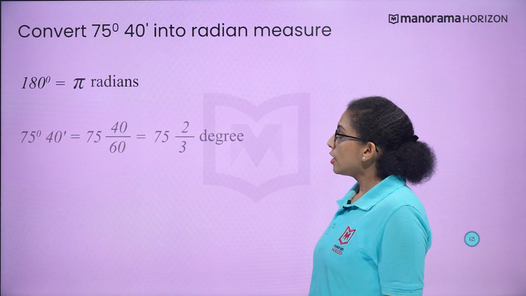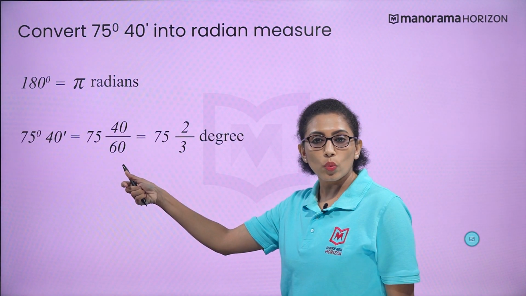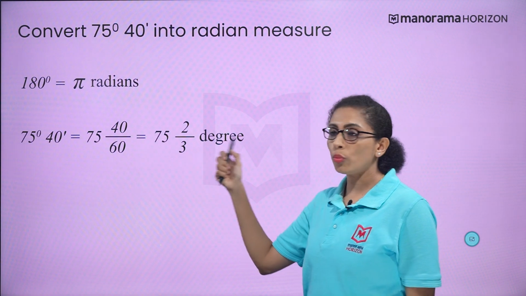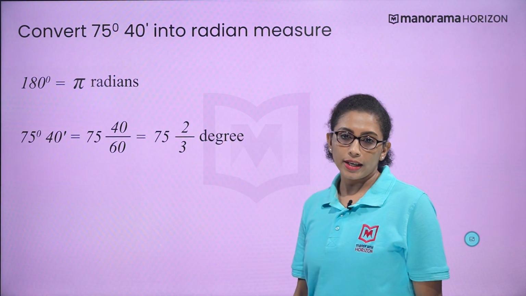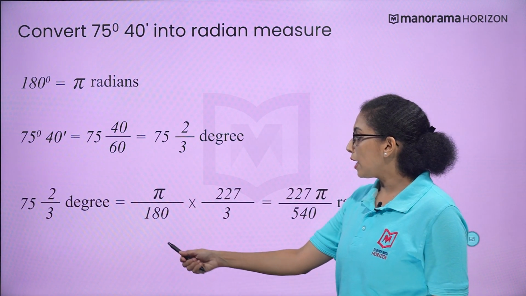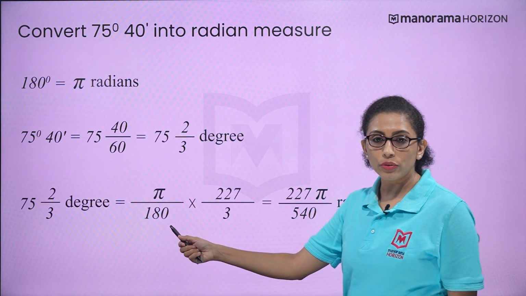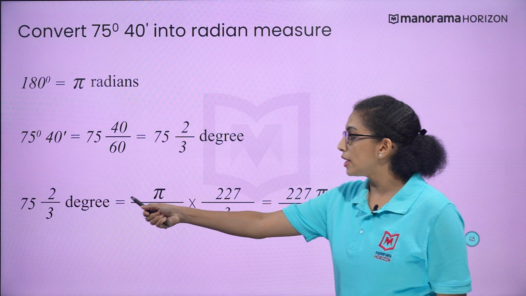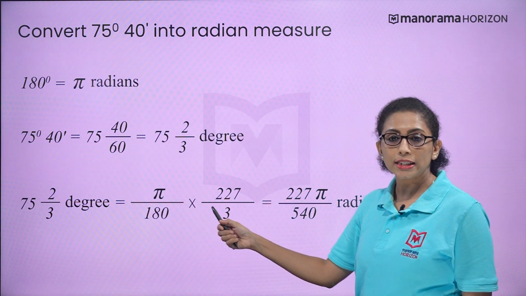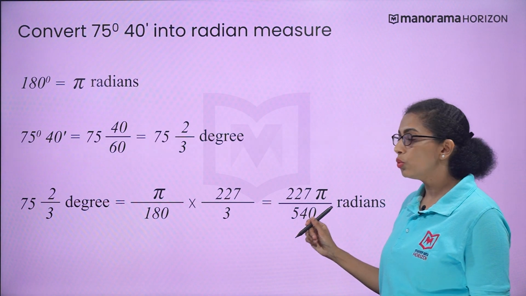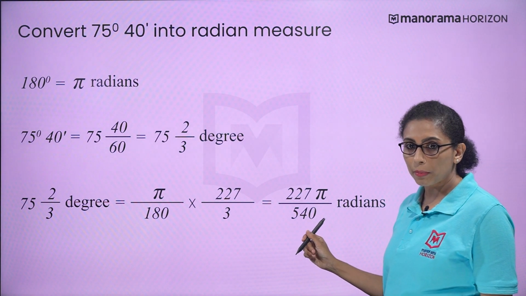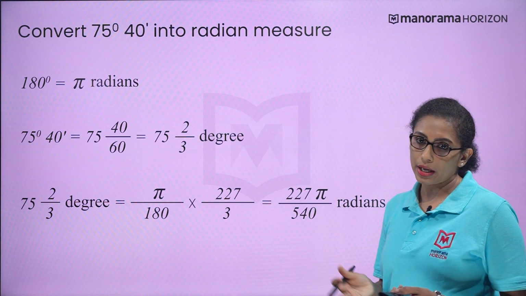So 75 degree 40 minutes is equal to 75 2 by 3 degree, because 1 minute is 1 by 60 degree. Therefore, multiplying with pi by 180, we get 75 2 by 3 degree is equal to pi by 180 into 227 by 3, which is 227 pi by 540 radians.